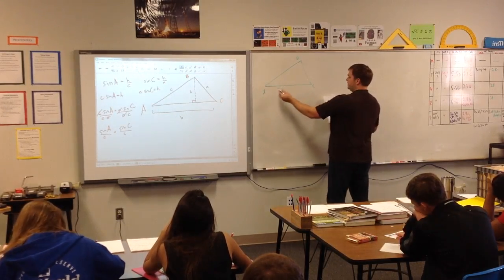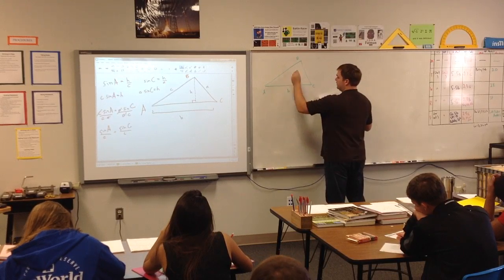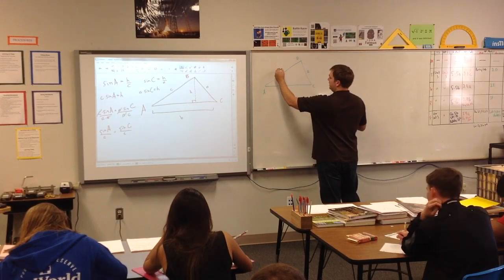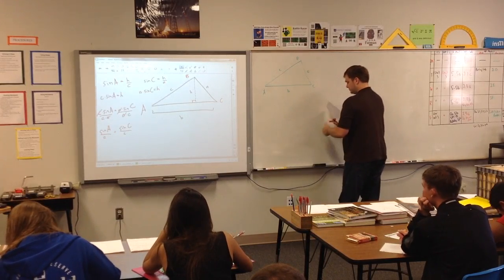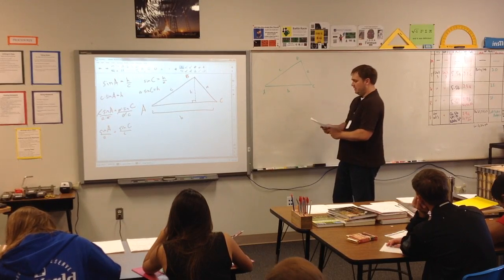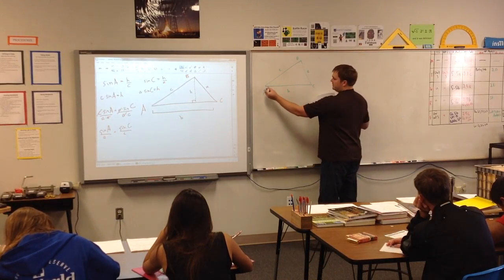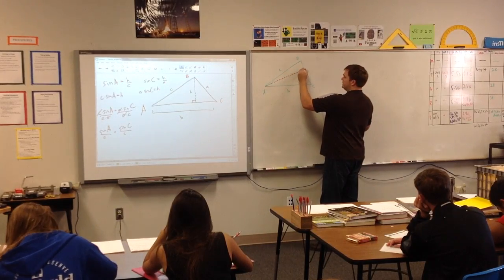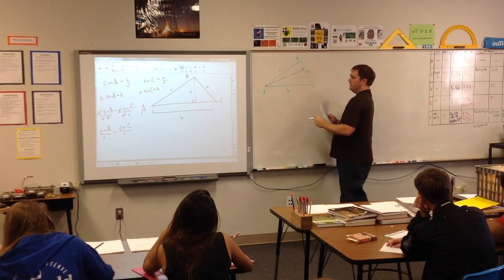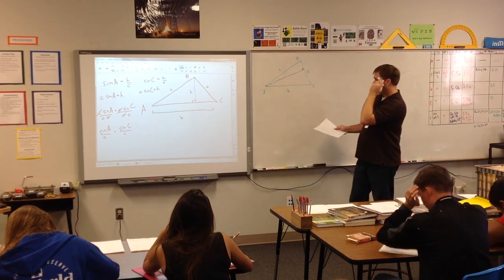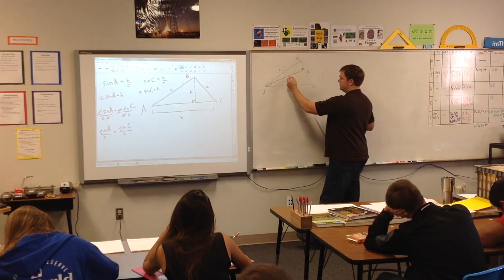There's A, there's B, there's C. Here's little b across from big B, little a, and little c. And I'm going to draw a height again, but this time I'm going to draw it from vertex A over here to side a. I don't know if we should call this H. We could call it H, but that just gets a little confusing. I'm just going to call this X.